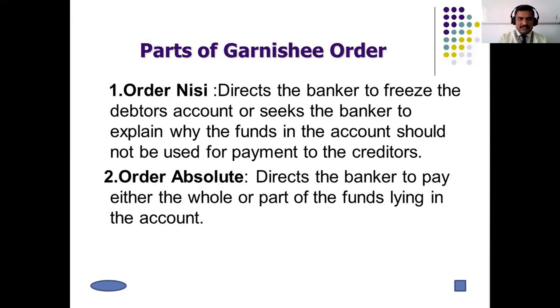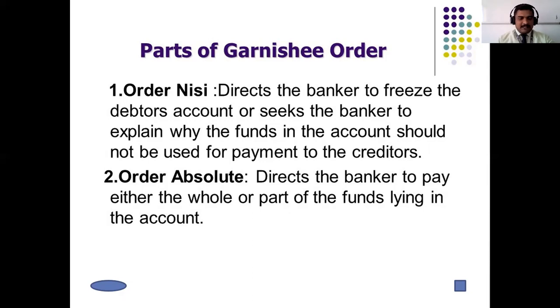If any balance is in the savings account, it can be adjusted against a loan account. The bank has that right, so only if there is no due to the bank can the bank give the money to the third party. So in the first part the court asks the bank to freeze the account and tell what is the possibility of giving the money to the third party.